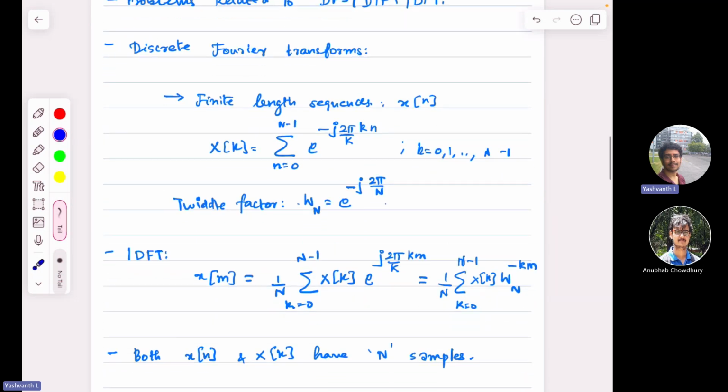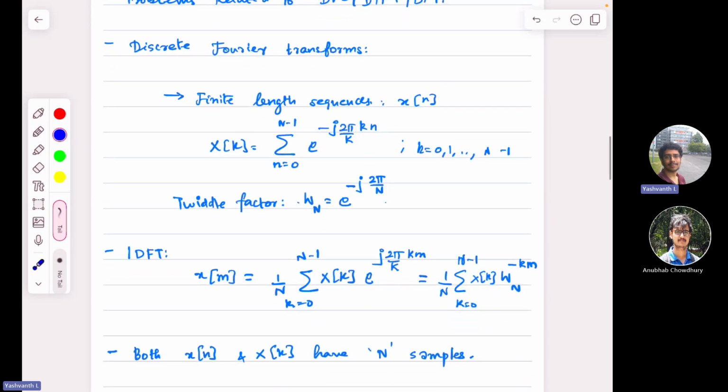Discrete Fourier transforms are basically meant to be defined for finite length sequences x of n. You define the discrete Fourier transform as follows: X of k, where k represents a frequency domain variable, is defined as the sum over n equal to 0 to capital N minus 1 of x of n times e raised to minus j 2 pi k n by capital N. This k, the index at which we compute the discrete Fourier transform, also varies from 0 to capital N minus 1.